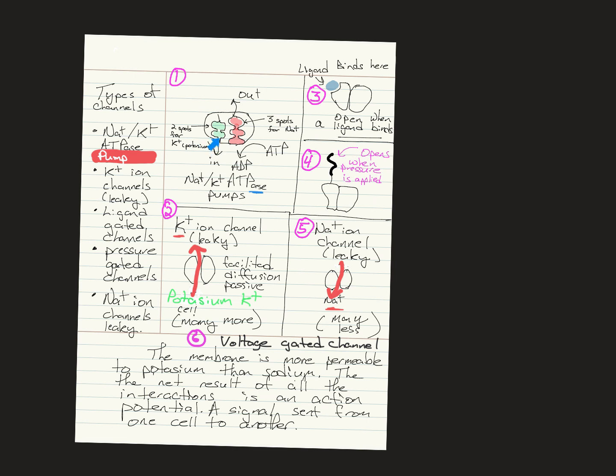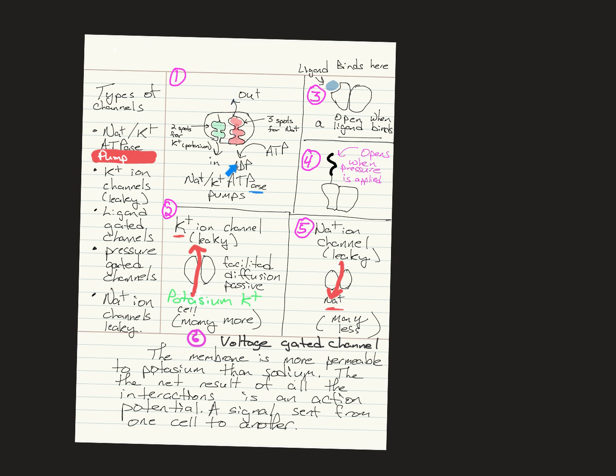You should be adding to your notes at this point. This is moving against the concentration gradient, not with it. So it's moving sodium out because over here, sodium is higher, and this is moving sodium out.